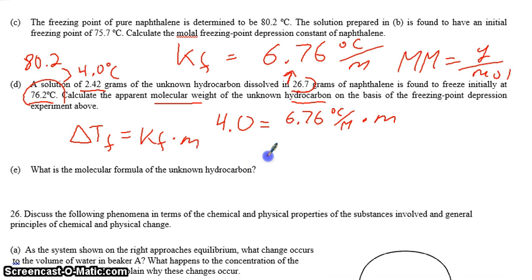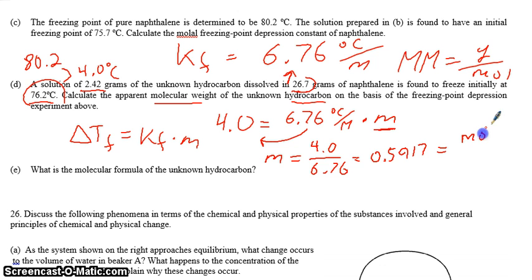To solve for molality, we divide 4.0 over 6.76, so 4 over 6.76. We should get 0.5917. Now this is molality.